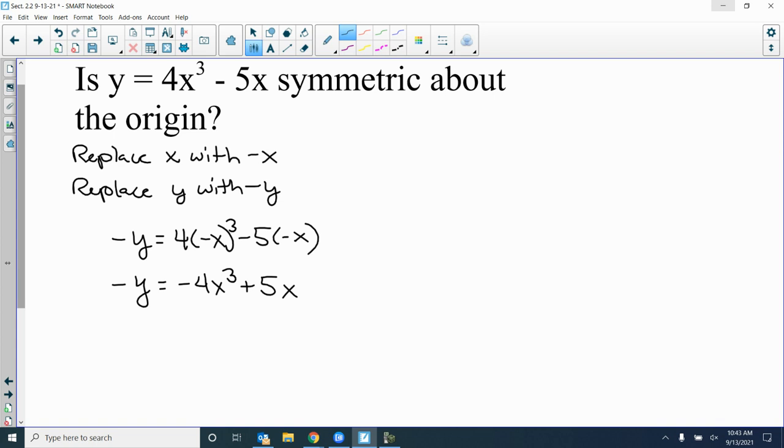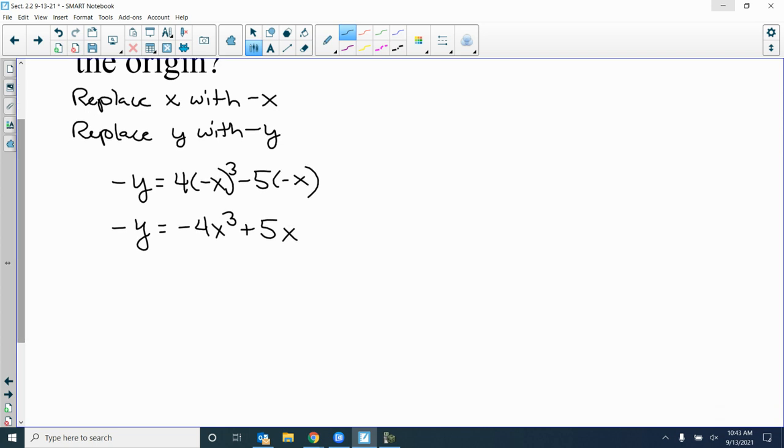Yes, it will be. Does it look exactly like the original equation? Not yet. Can we make it the same? What's the only thing we need to do? Divide by negative 1. That doesn't change the value, and we get y equals 4x cubed minus 5x. It will change all those signs back. So if everything is negative from the original, it will be symmetric. So yes, symmetric about the origin.